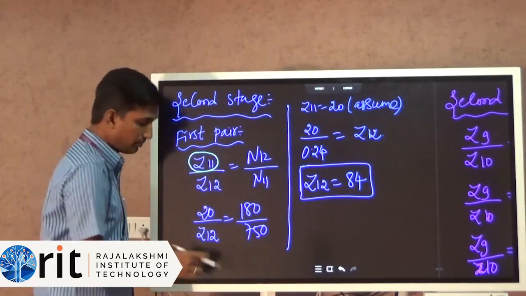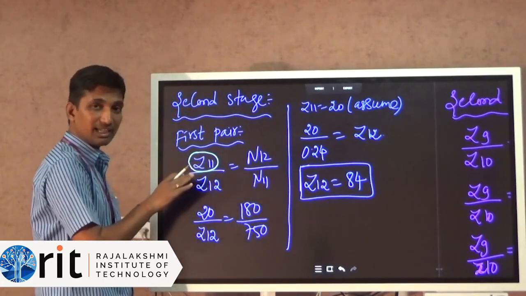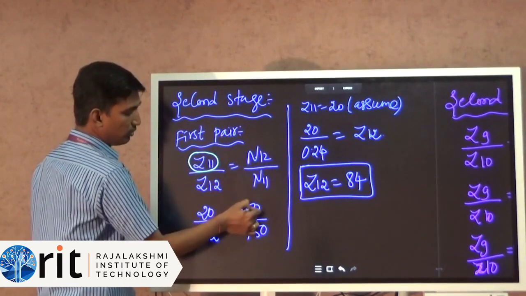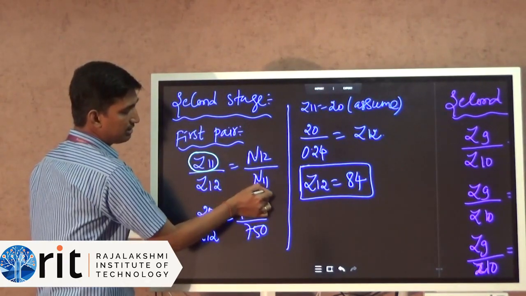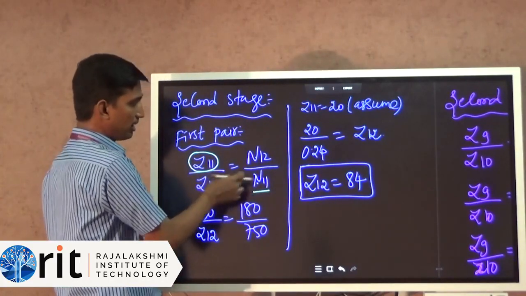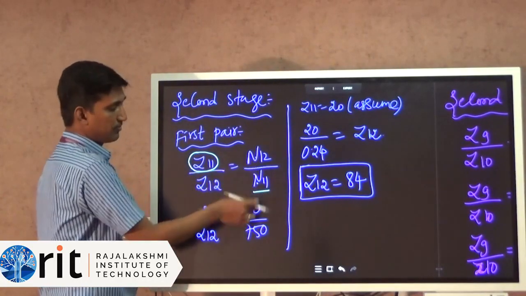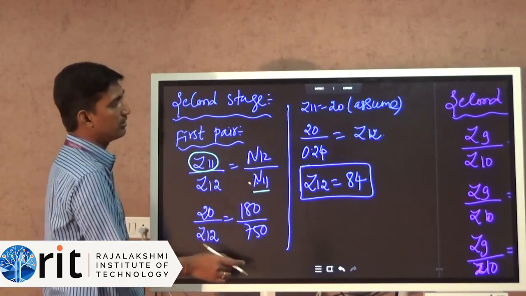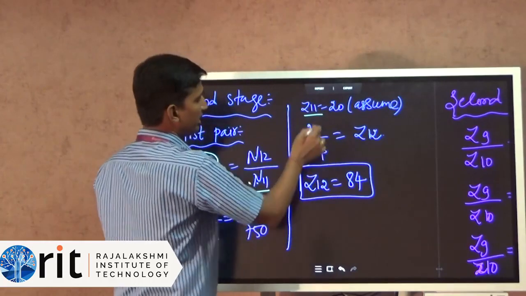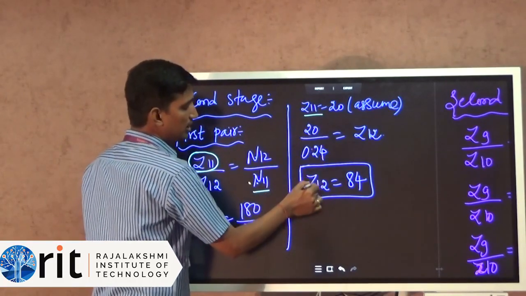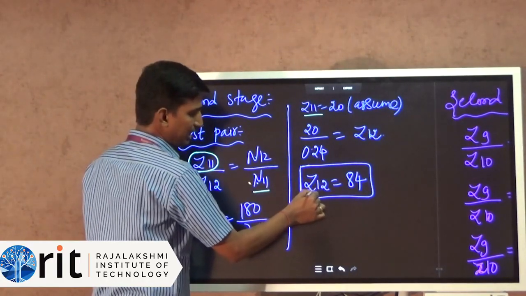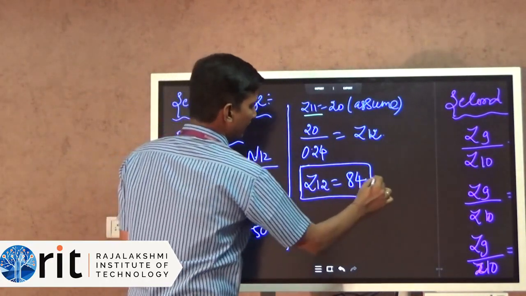N12 is nothing but the minimum RPM which can be transferred from the maximum RPM. I am going to substitute this value over here. Then N11 is the maximum RPM for this minimum RPM, and I substitute this value over here. Since I have assumed Z11 equal to 20, I am substituting all the values. Based on this calculation, I find that Z11 equals 84.